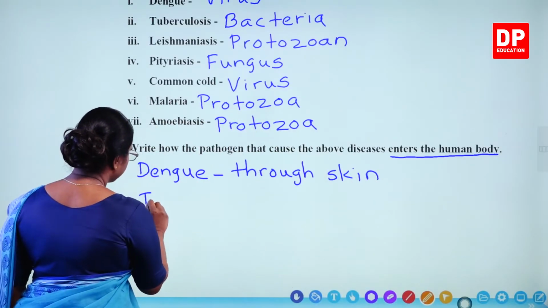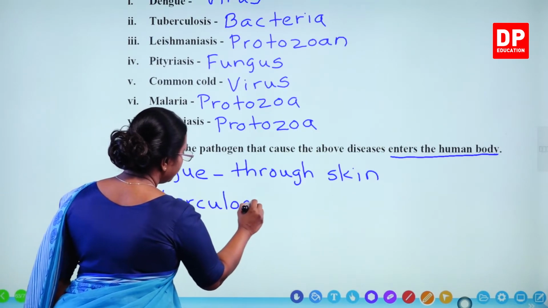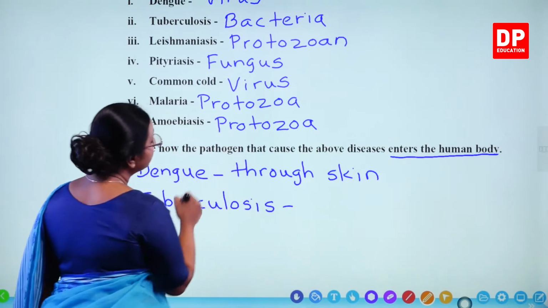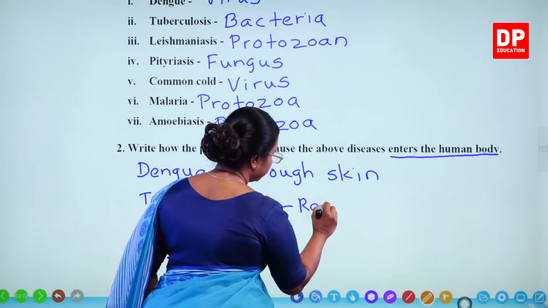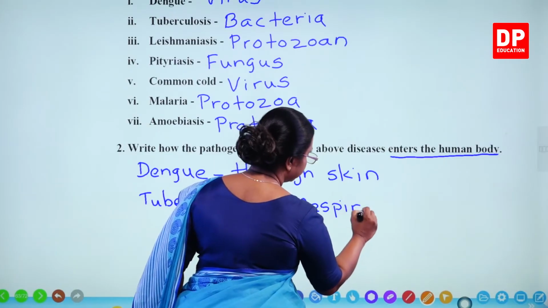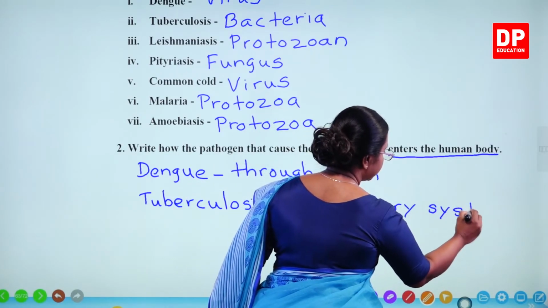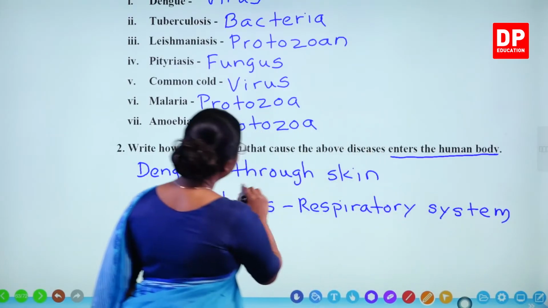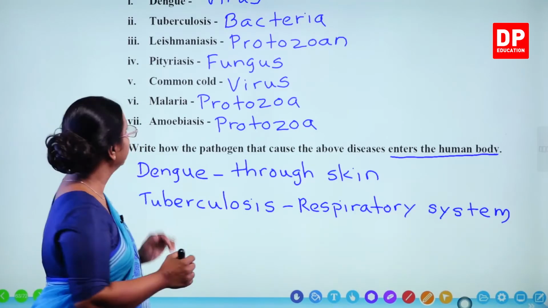Then tuberculosis. Tuberculosis enters through the respiratory system. I am not going to write it as through again. So this is how it enters the body.